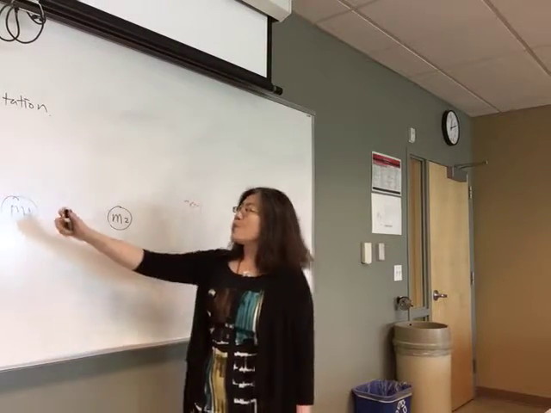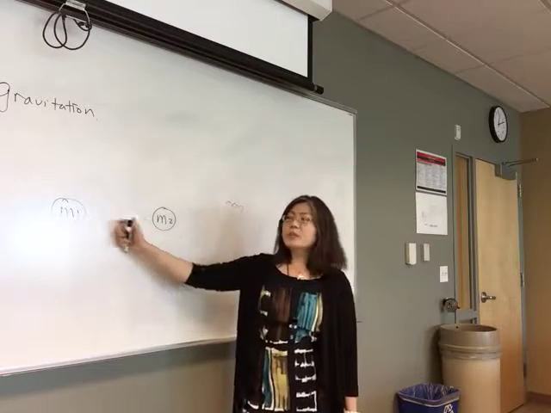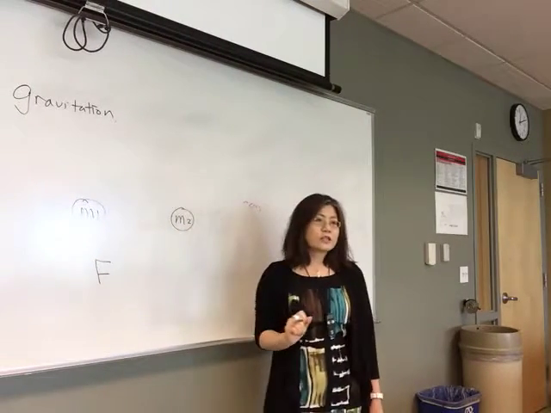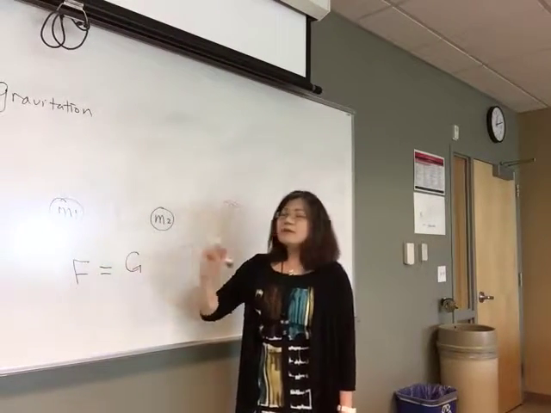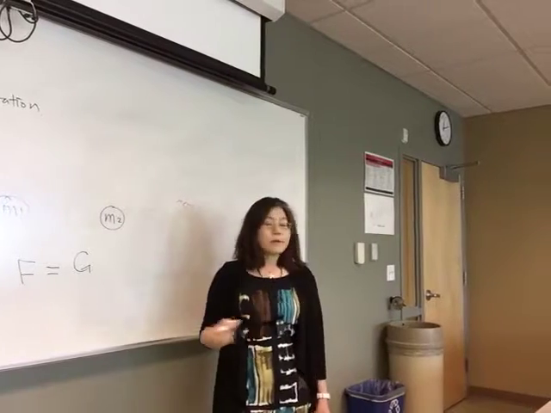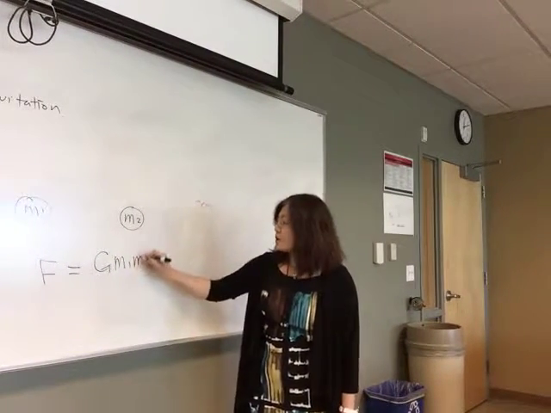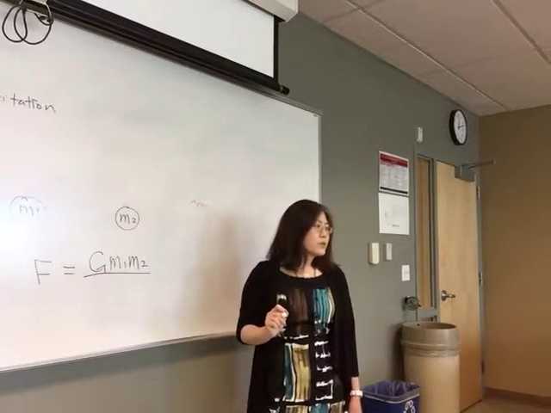So in other words, when particle 1 sees particle 2, it's going to experience a force. And that force, we found that the force magnitude is equal to a constant, which we call a gravitational constant, times mass of particle 1, mass of particle 2, and then divided by the distance between them squared.